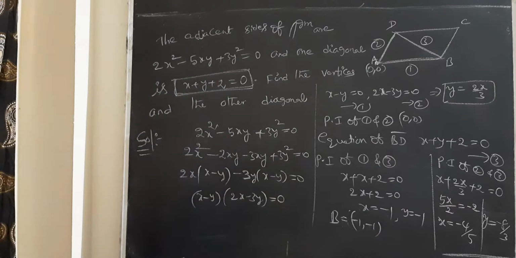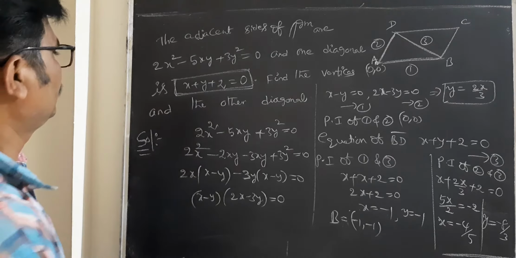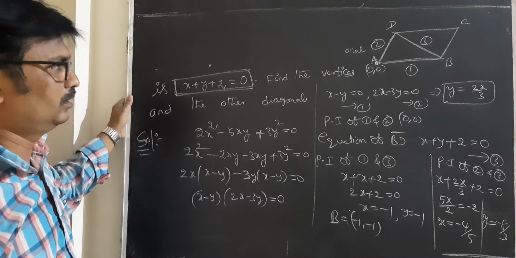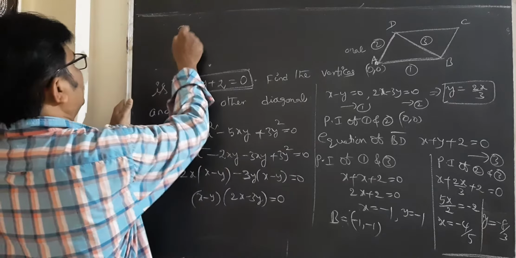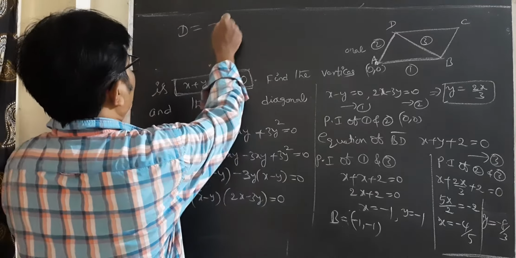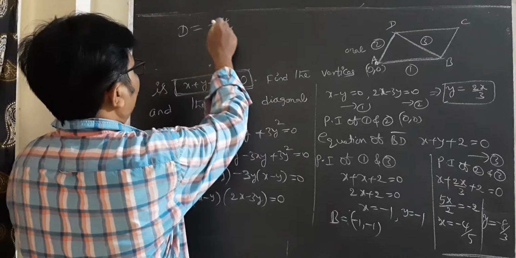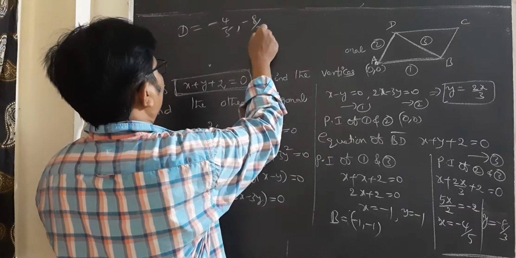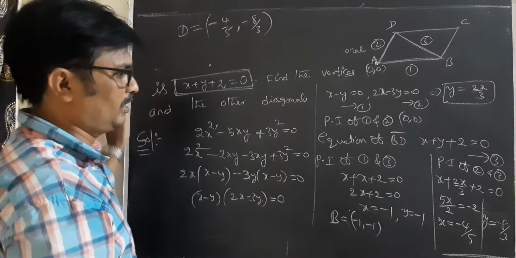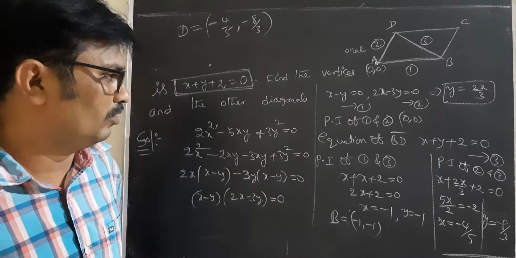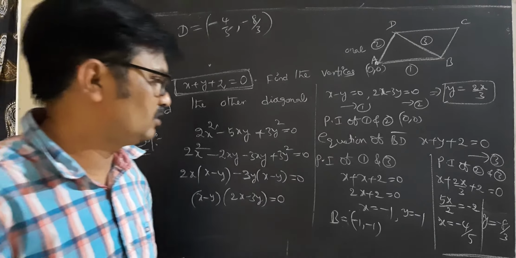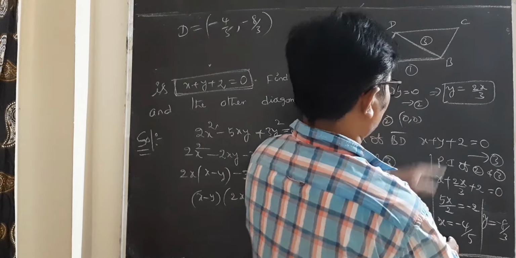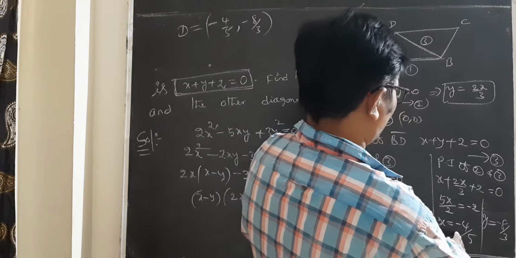Vertex D x coordinate is minus of 4 by 5 and the y coordinate is minus of 8 by 3. The x coordinate is undoubtedly minus 4 by 5.